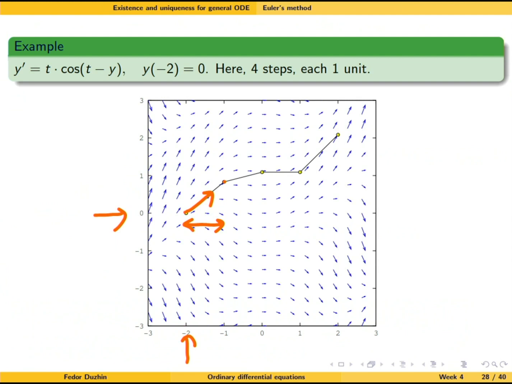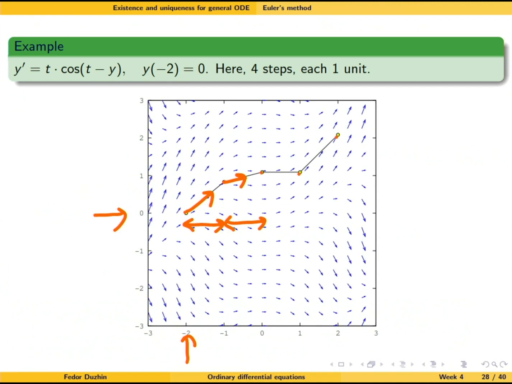So then we're going to see the vector from the direction field at this point. So it shows the direction, and then we're going to move in this direction so that the step is exactly 1 unit in t, and then we arrive at this point, and then at this point, and then at this point. This is if we try 4 steps.